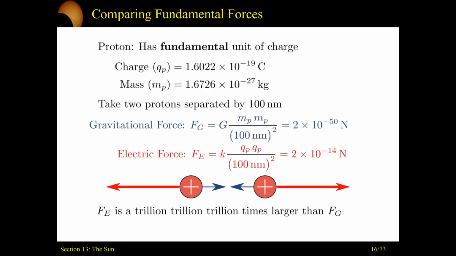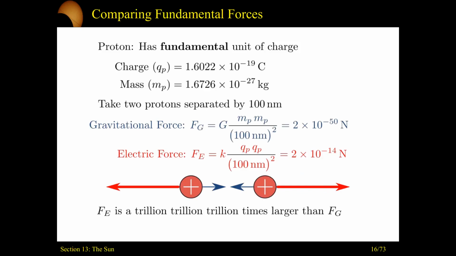So these are all SI units. They don't seem that big, minus 14th, minus 50th, but let's compare them. The electric force is about a trillion times stronger than gravity. These arrows here grossly misrepresent the scale of discrepancy here.